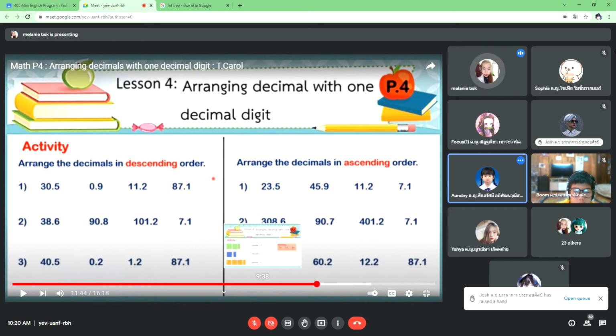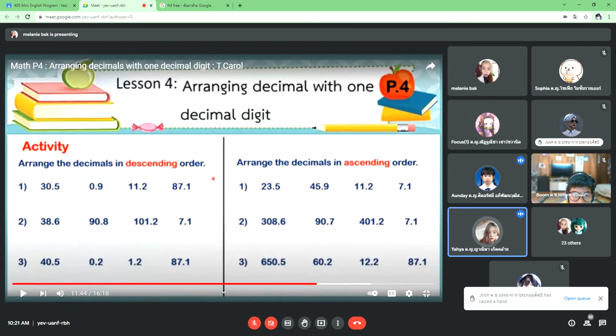Next. 60.2. And then the next. 87.1. And then the last one. 650.5.